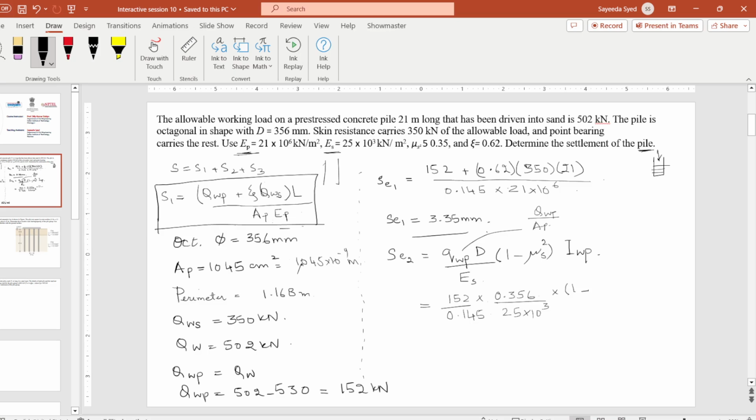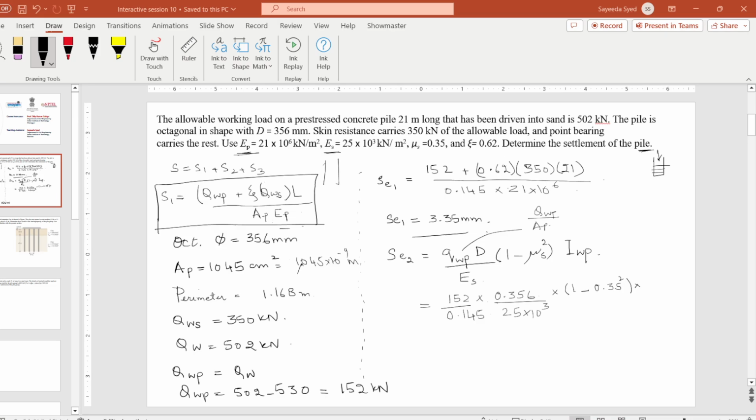okay, there is a typo here. This is actually 0.35 square, and this has to be multiplied with the influence factor for the pile tip.